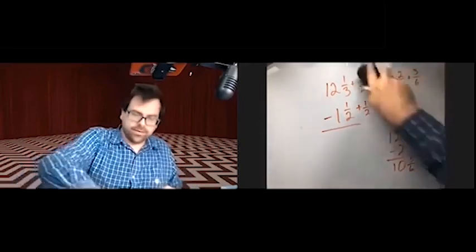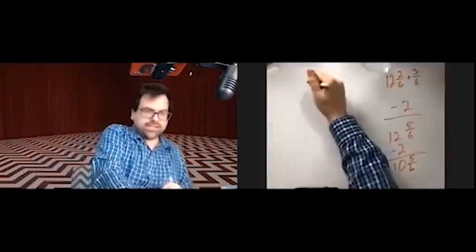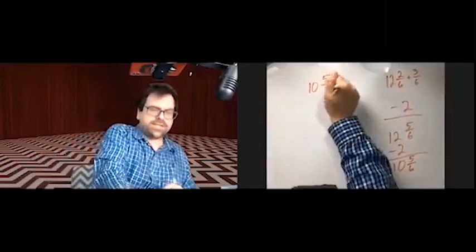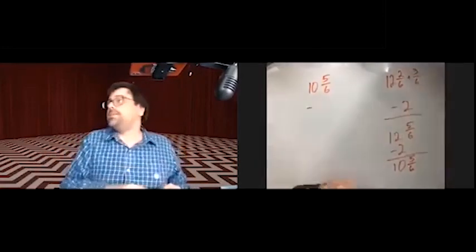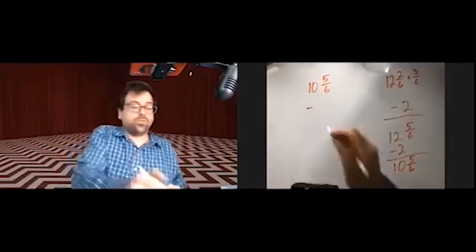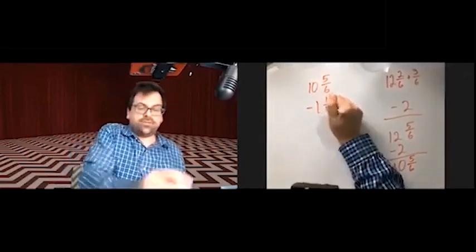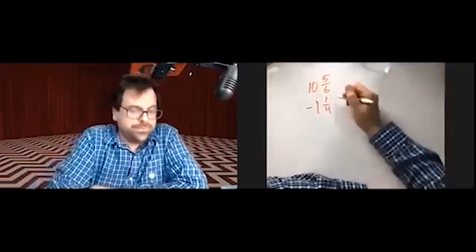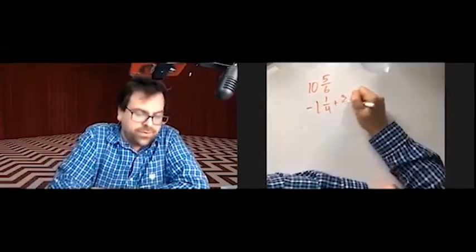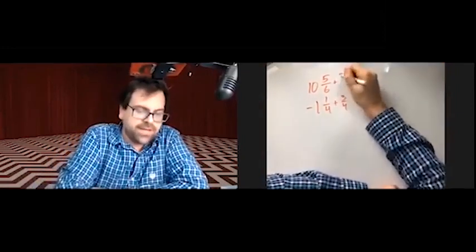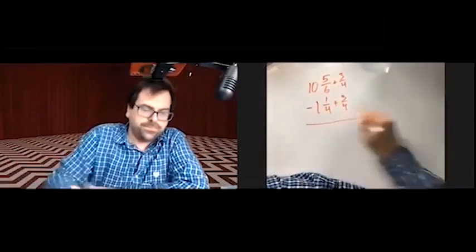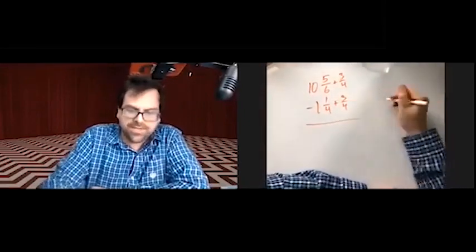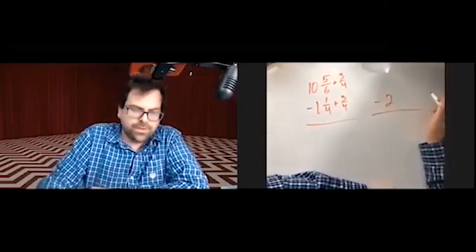So I'm going to do it again. After the first cut, she has 10 5/6. Then she makes another cut. She gets rid of another 1 1/4. So I'm going to add 3/4 to both to bump up the second one to a whole number. So now this is going to be minus 2.